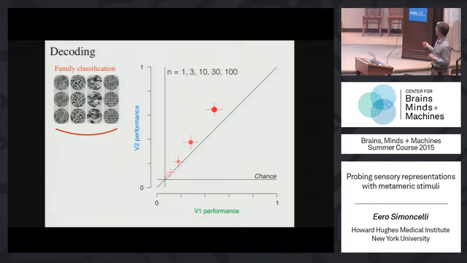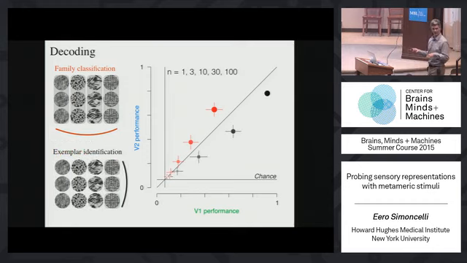Okay, so we can do a better job identifying which of these families a given example was drawn from if we look at V2 than if we look at V1. And if we flip that around and try to do exemplar identification, 15 different examples of a given family, if we say which one was it, it turns out that V1 is better than V2 for that. So we think of this as evidence that V2 has some invariance across these samples, whereas V1 is much more specialized for the particular samples.